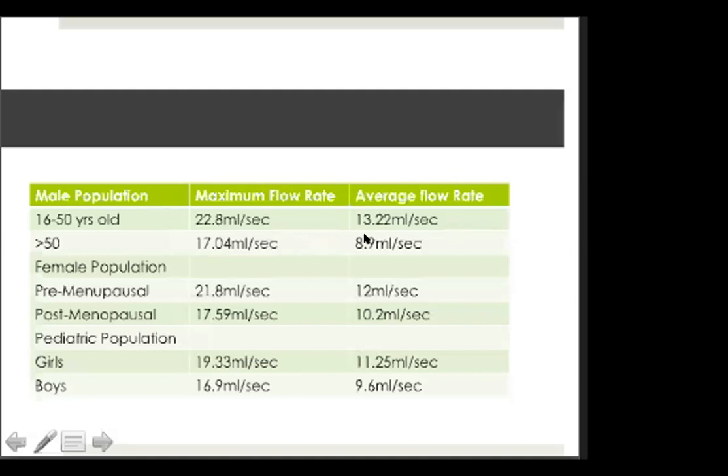So with the average flow rate of 13.22 and 8.9 ml respectively. So for the female naman, for the premenopausal, 21 ml per second, and then for the postmenopausal, 10 ml per second. So, ito yung sa pediatrics naman.